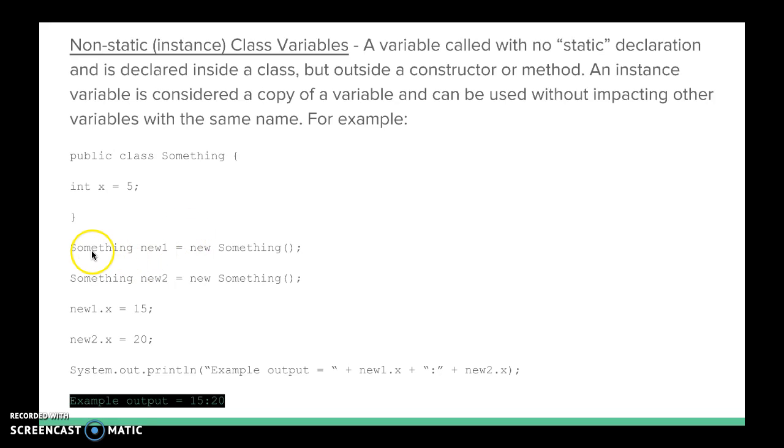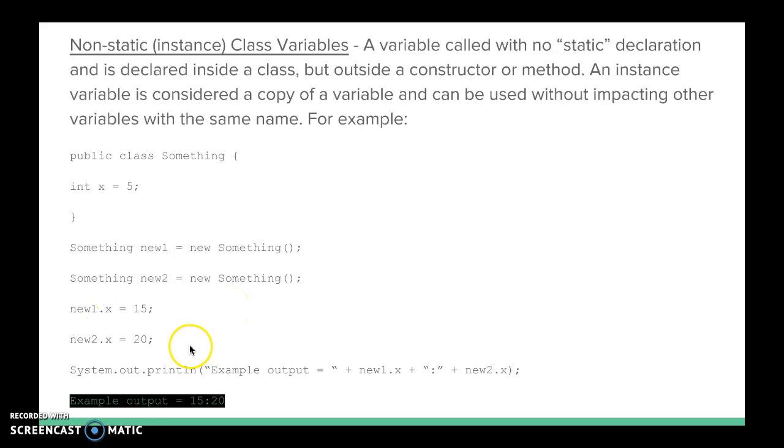For instance, I have my same class, public class something. I've defined my variable as an int and given it a value of 5. I've now initialized a new class variable in two different ones here, and I've called my x variable, giving it a different value in each one of these initialized class variables.